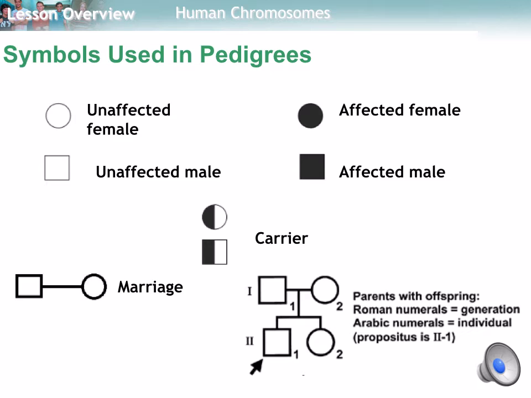And usually on the left side of the pedigree, you will see Roman numerals, and those numbers represent the different generations. So you'll have generation 1, generation 2, and so on. You'll also see Arabic numbers within each line, within each generation. And they're usually underneath the symbol or to the side of the symbol, and those represent all the individuals in that generation.